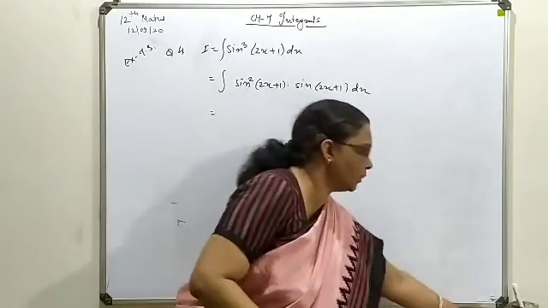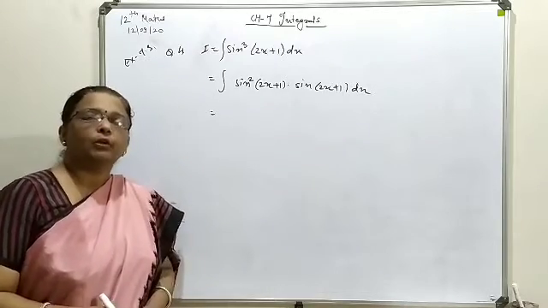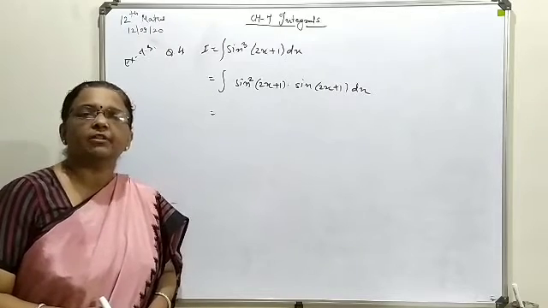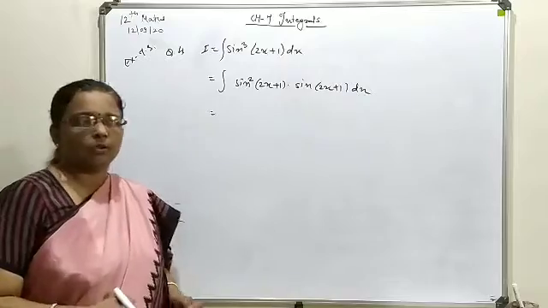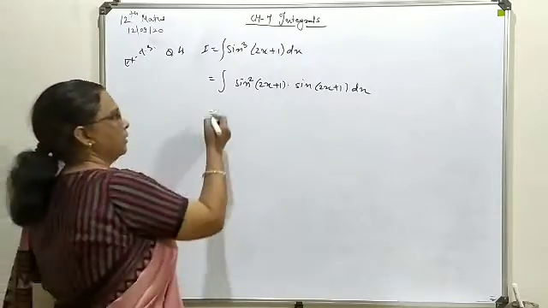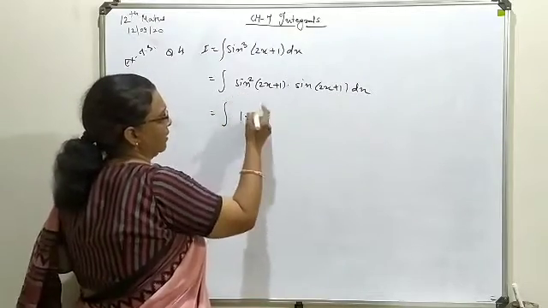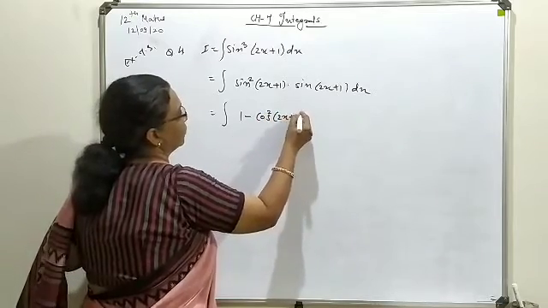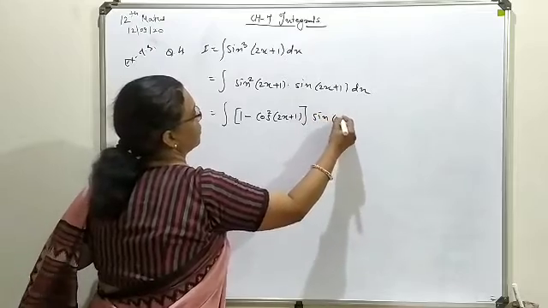Now in this case, and from now onwards, no particular method will be mentioned to you. It depends upon you which method you implement, whichever suits your question. So any of the methods you can implement as per the ability of the question frame. Now this sine square we will write as 1 minus cos square (2x plus 1), and the sine (2x plus 1) outside we keep as such.